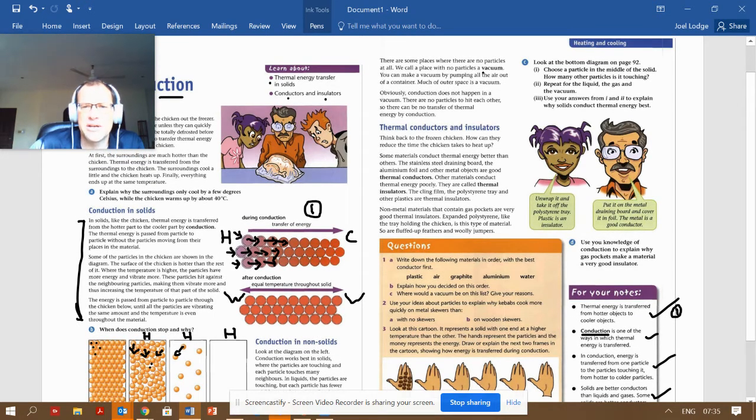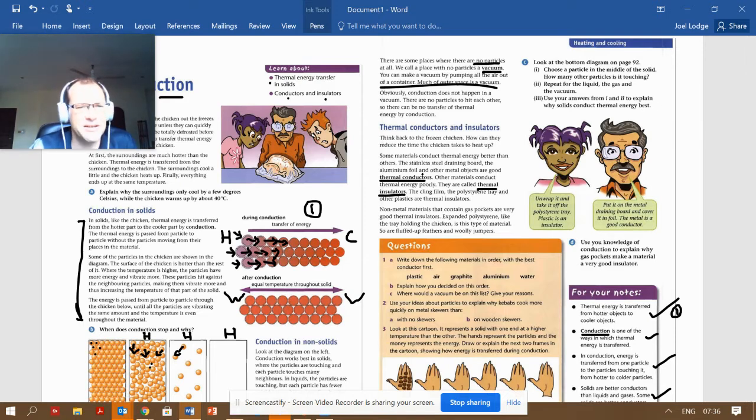Another key word there: a vacuum is an area where there are no particles. And we can describe a thermal insulator and a thermal conductor. We'll investigate these later on. A thermal conductor is one that is very good at conducting heat, and a thermal insulator is one that is very bad at conducting heat.